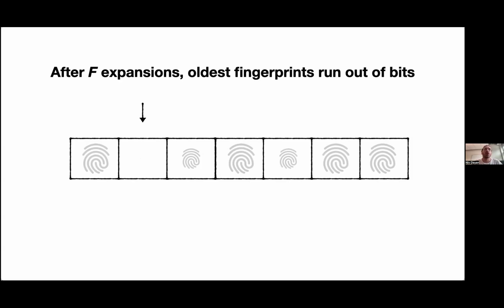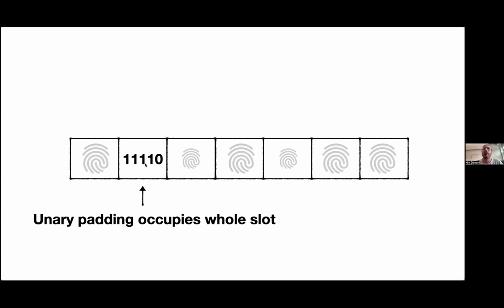Suppose we're using InfiniFilter and we expanded F times, where F is my original fingerprint size. After the first F expansions, the oldest fingerprints in the filter completely run out of bits. When they do, the unary age counter will occupy the entire slot. You can see that because this is all ones, and the delimiting 0 is all the way at the end.